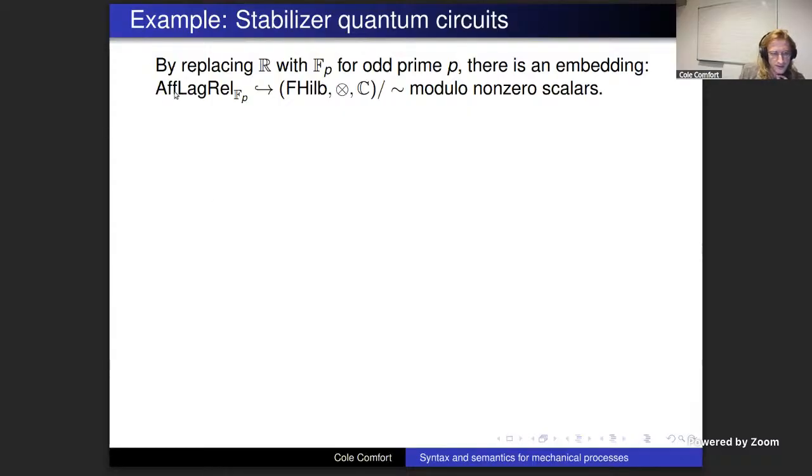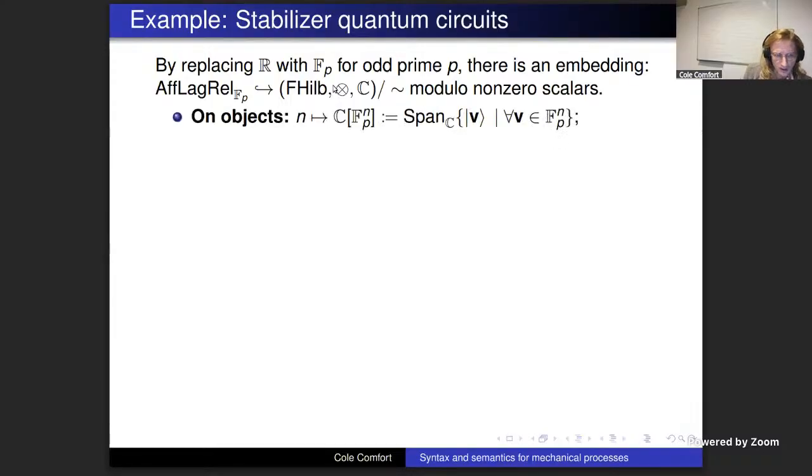And whereas the monoidal product in affine Lagrangian relations is the direct sum, in Hilbert space it's the tensor product. So this is a very particular subcategory of Hilbert spaces, a very small one. So this is an interpretation. What it does is it takes your objects, which in affine Lagrangian relations are just natural numbers, and it generates the group algebra.